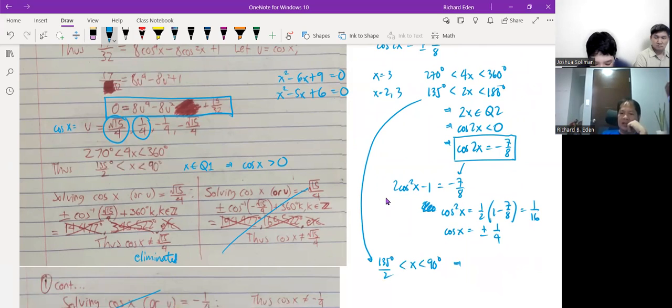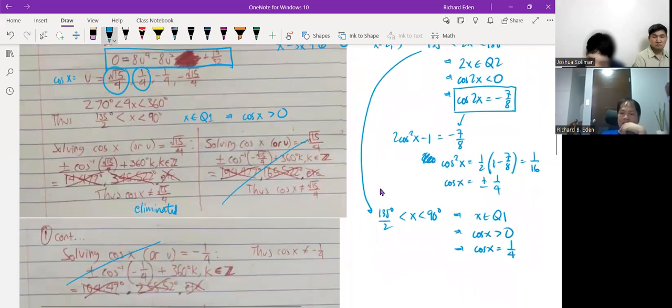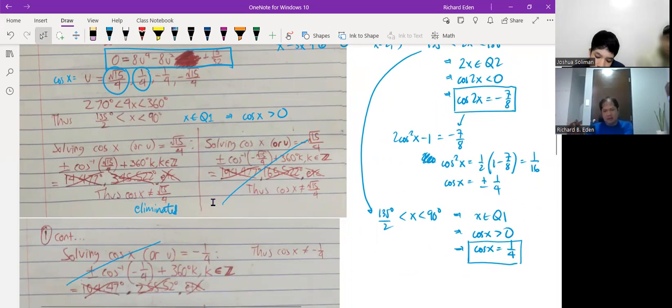So that means that x is in the first quadrant, which means that cosine of x is positive, which implies that cosine of x cannot be negative 1/4. Therefore, it must be positive 1/4. So still the same answers, but by being conscious about all these other things, you get to, for instance, remove the awkward cosine inverse computation.